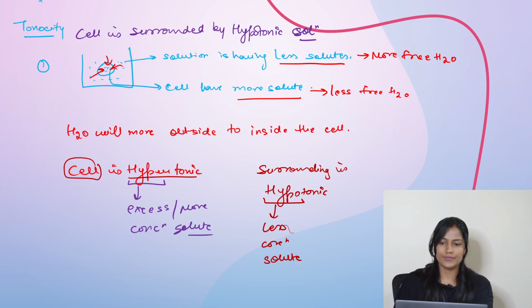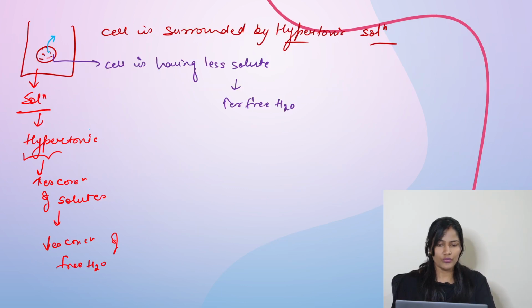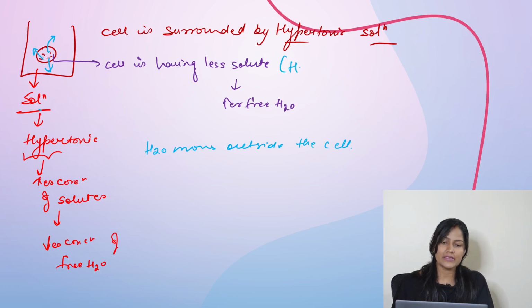So in this condition, what is going to happen? The water will move outside the cell, right? So the cell is having less solutes, which means there is presence of more free water, and the cell can be called as hypotonic.